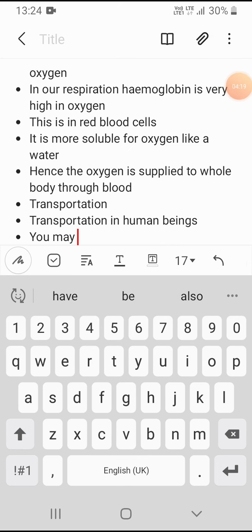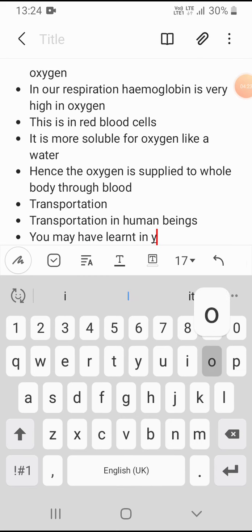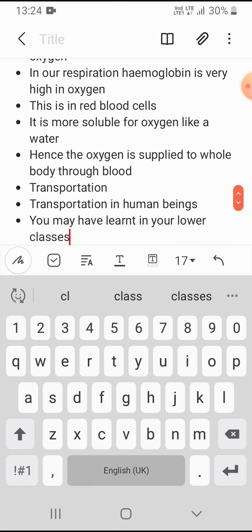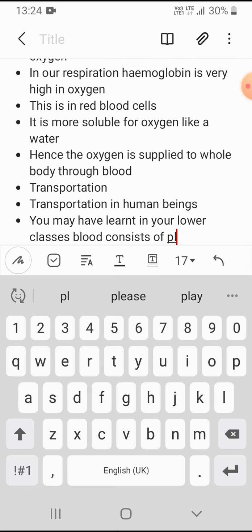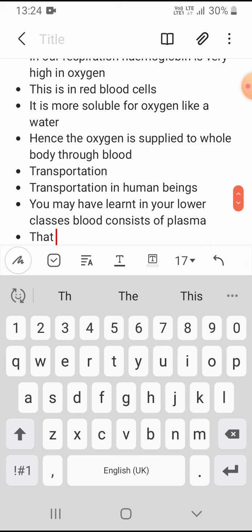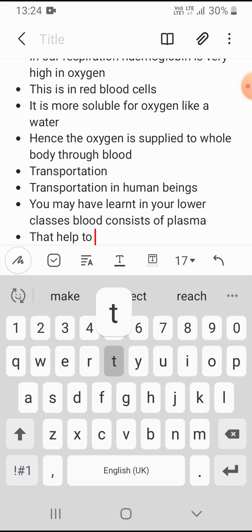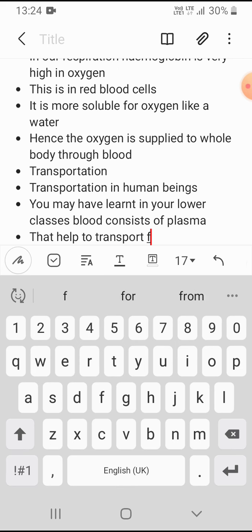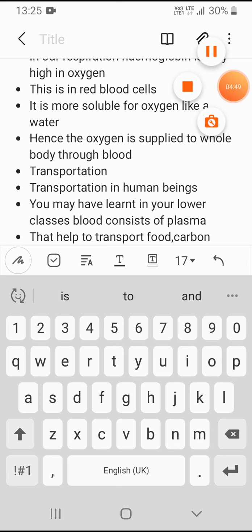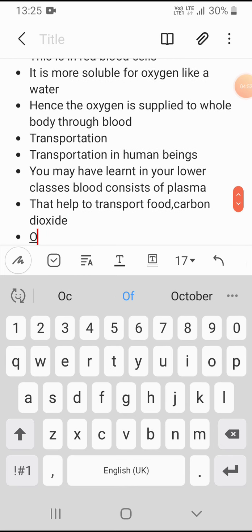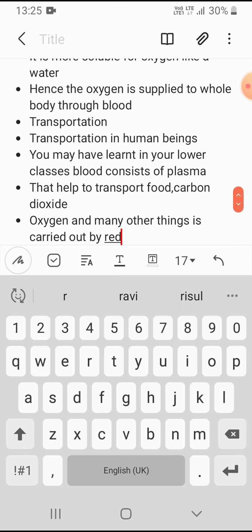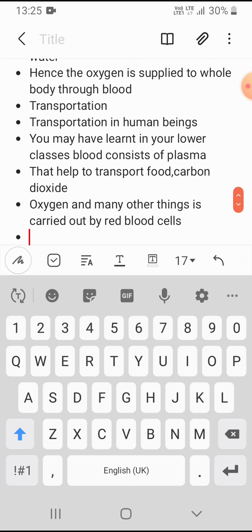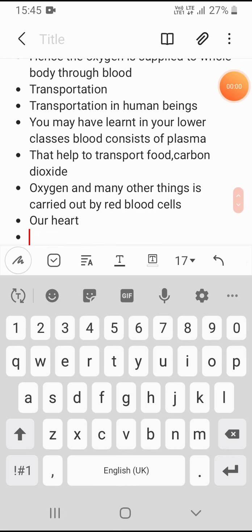You may have learnt in your lower classes that blood consists of plasma that helps to transport food, carbon dioxide and oxygen, and many other things are carried by red blood cells. Next, let's learn about our heart.